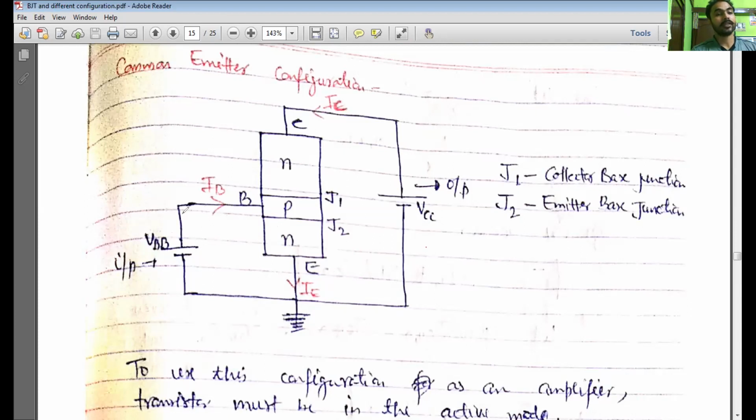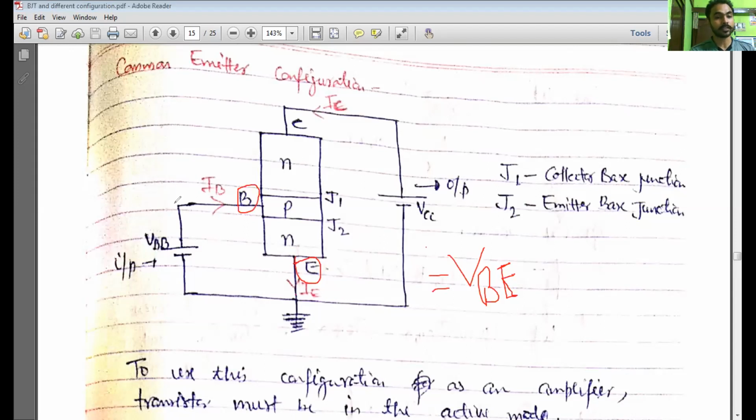We add a resistance here. Basically the voltage corresponding to the base and emitter is called VBE, the voltage drop from this to this. If there is no resistance, then this VBB will be equal to VBE, right? Because it is also the voltage between these two terminals.